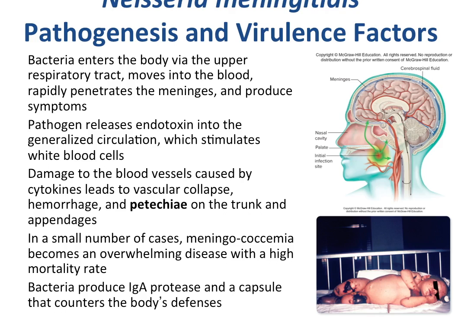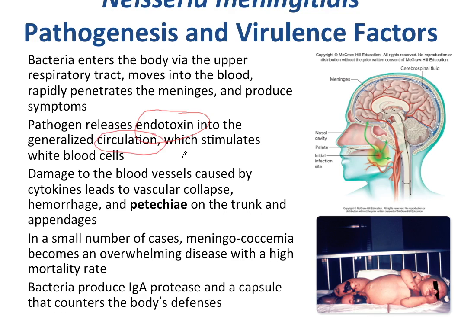Since Neisseria has a huge capsule, the capsule is actually the virulence factor causing the symptoms. It can also release endotoxin, which can cause fevers. It can also cause circulatory system symptoms, such as rash.